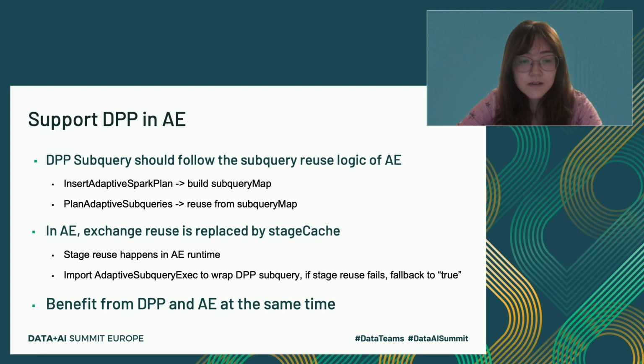This is similar to the Adaptive Spark Plan Exec, which wraps the plan, and the plan may change at runtime. So this class wraps the DPP subquery, and the subquery on this node will change dynamically and even fall back to true. By this way, to support DPP in AE, we can benefit from DPP and AE at the same time.